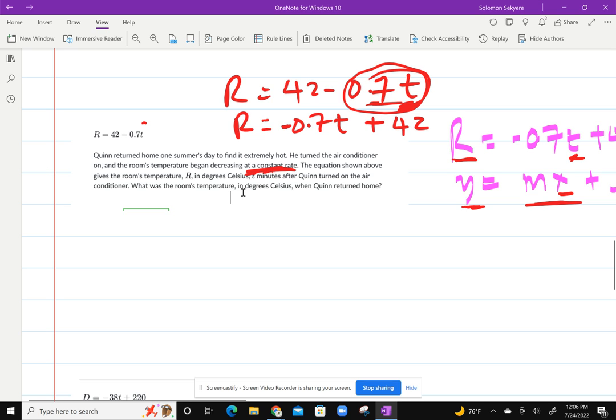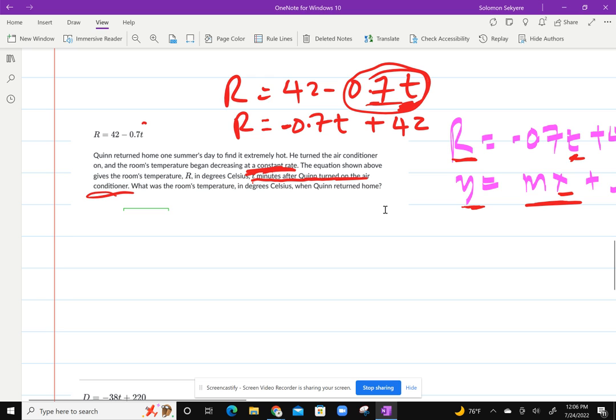Anyway, here's the rest of the question. The equation shown above gives the room temperature R in degrees Celsius at t minutes after Quinn turned on the air conditioner. So pay attention to the definition of your variable. What was the room temperature in degrees Celsius when Quinn returned home?